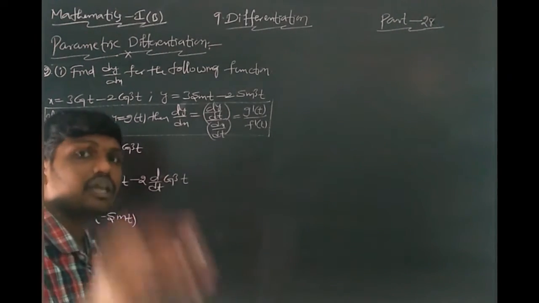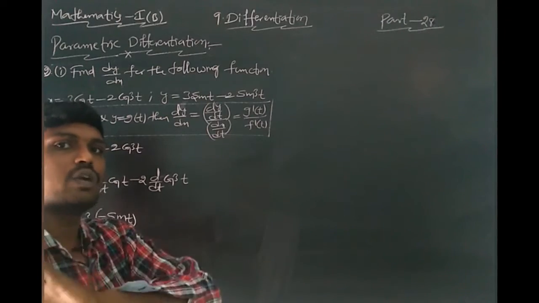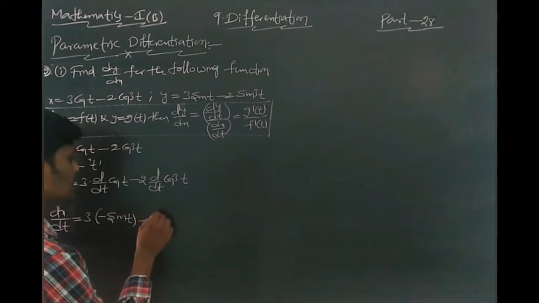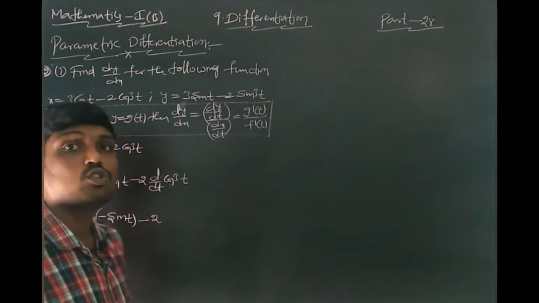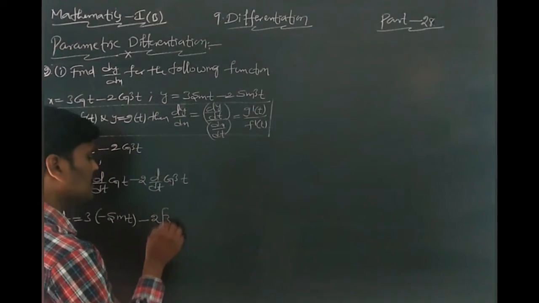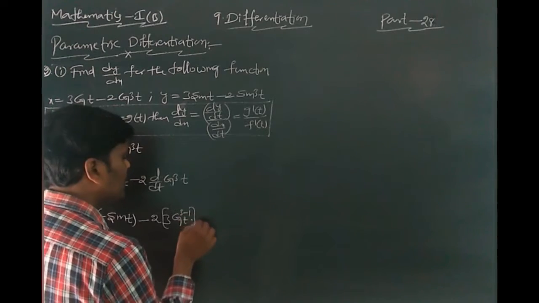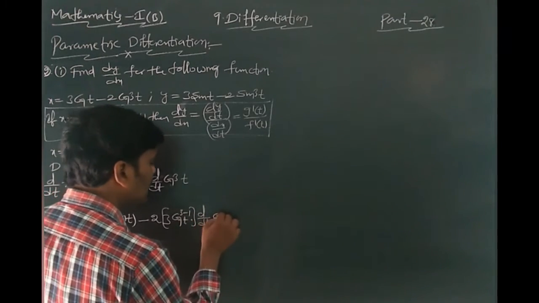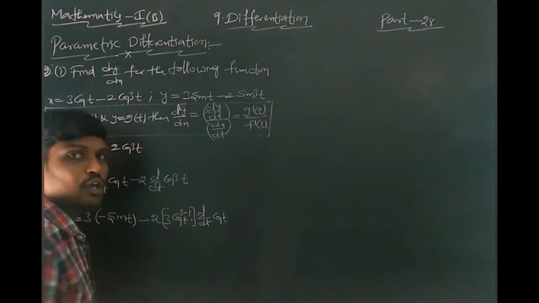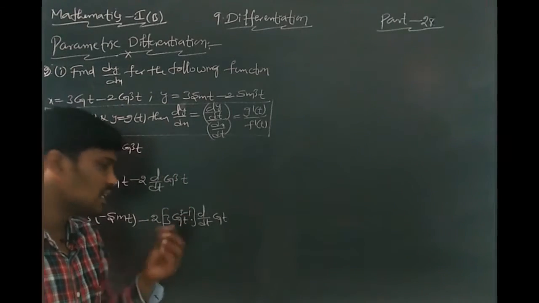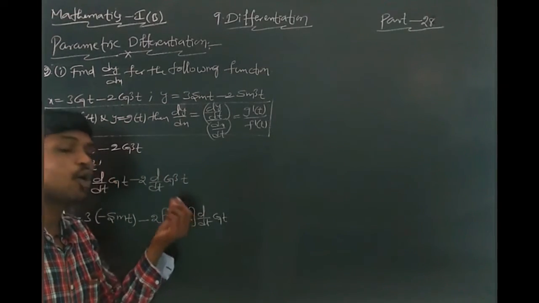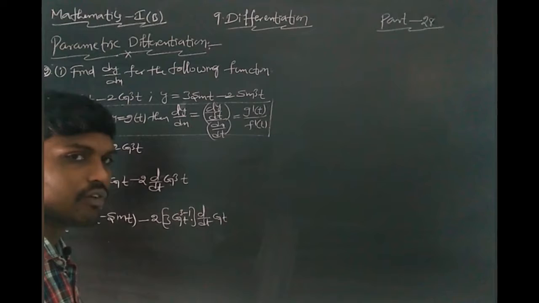With respect to t, the derivative of t is 1, so you do not write it. Then minus 2 into, here you use u power n, 3 into cos power 3 minus 1 t into d by dt of cos t. Here u value is cos t, n value is 3. 3 into cos t whole power 3 minus 1 into derivative of cos t.